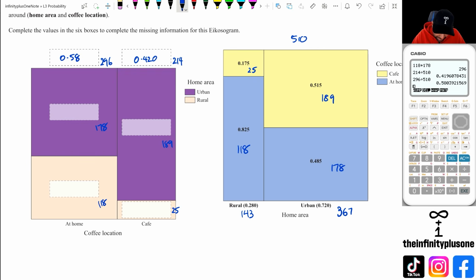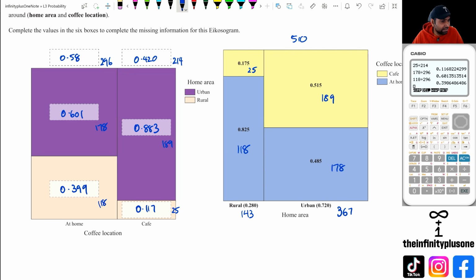Then 189 out of 214 gives us 0.883, and 25 out of 214 is 0.117. Then I've got 178 out of 296, which is 0.601, and 118 divided by 296 is 0.399.